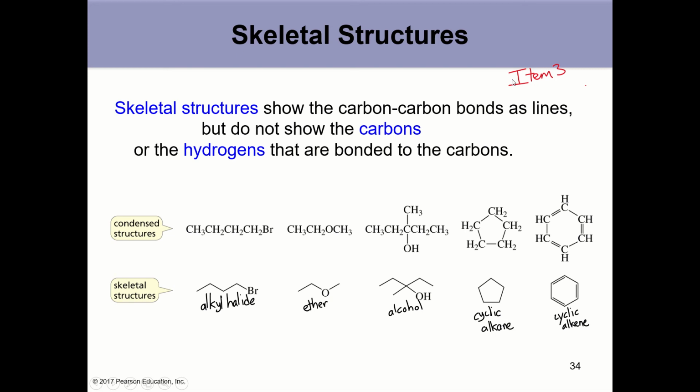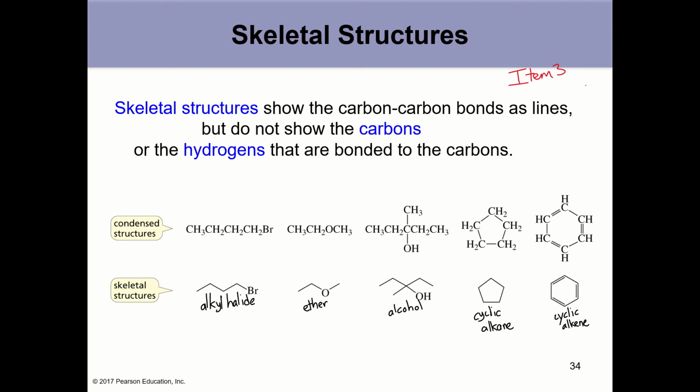So now we're going to cover the last type of structure, and this is the one that I'm going to use most frequently in class because it is much faster to write out. And this is skeletal structures.